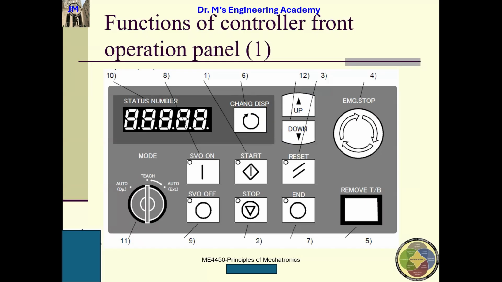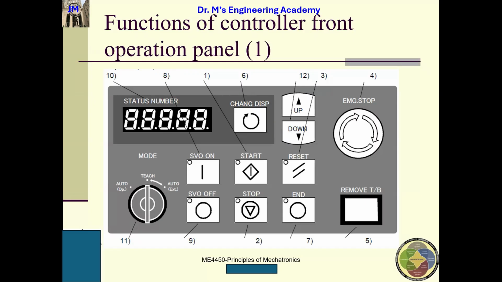Based on my prior teaching experience, some students just download everything and tell me, "Dr., it doesn't work." Then I check, and the servo is not turned on. If you do not turn on the servo, the arm and the joints cannot move. Turn on the servo. So this is a start.